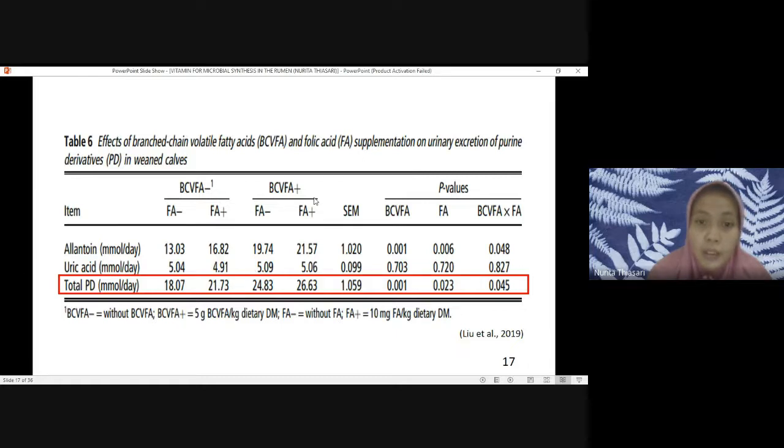If we compare the addition of BCVFA without folic acid, it is 24.8, but after the addition of folic acid it increased to 26. So it has a significant improvement of the total PD. It means the microbial protein synthesis is increased with the addition of BCVFA and folic acid.